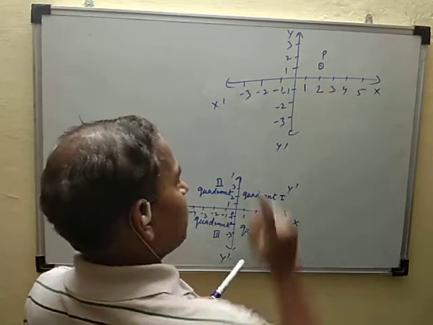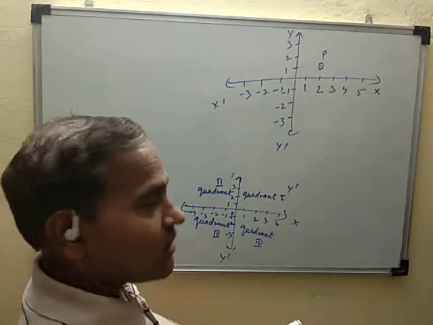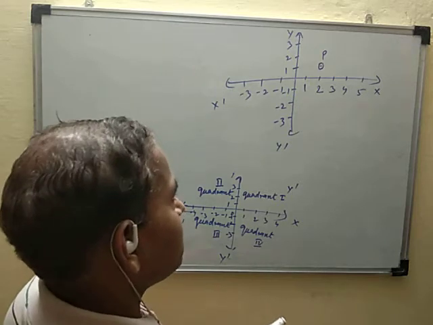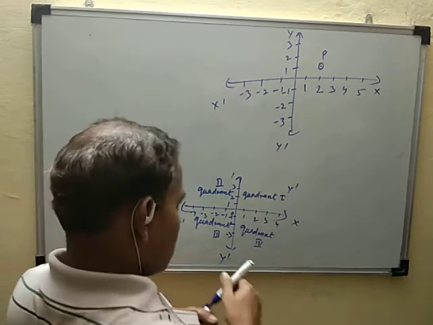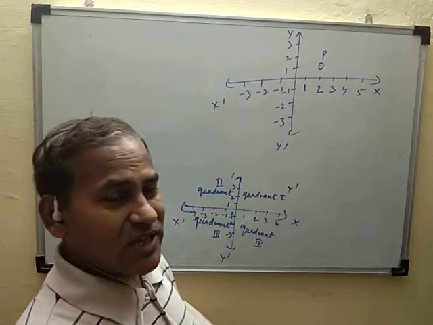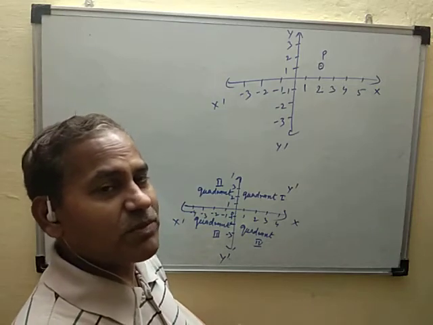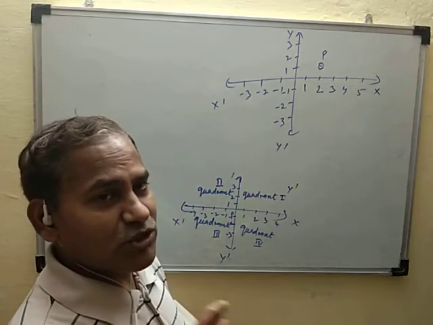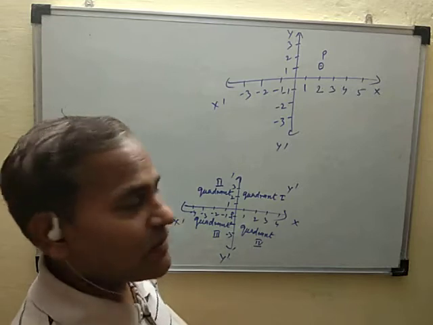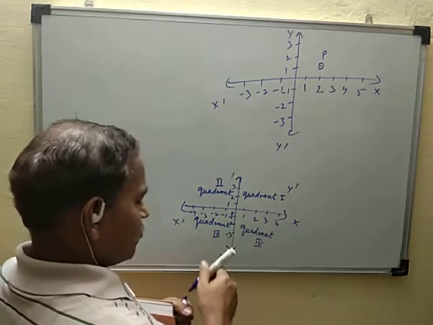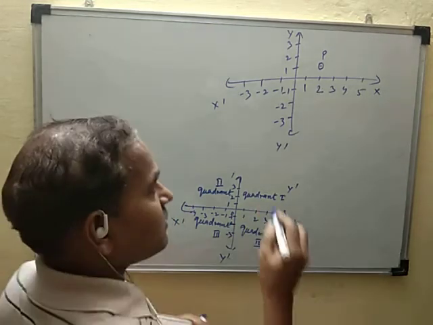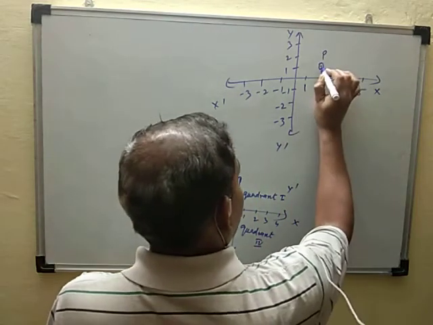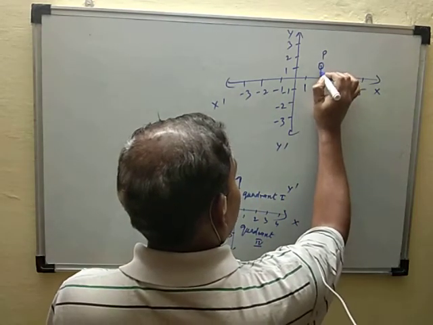Suppose this is point P. What is the position of point P? For the position of point P, draw a perpendicular from P to the x-axis.